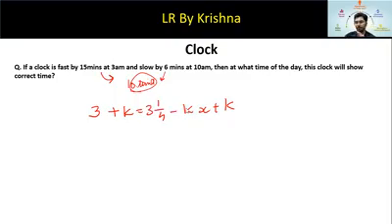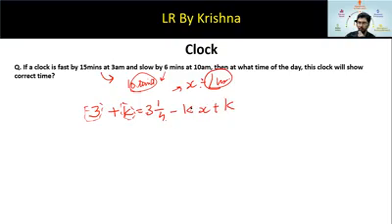Even if you're not understanding it, it is fine. I'm just telling you as a safety measure. The concept is very simple. Where x is how many minutes it is losing per hour. Per hour, the clock is losing how many minutes. So I want to attain this when 3 plus k is equal to 3 and 1 by 4 minus kx plus k.